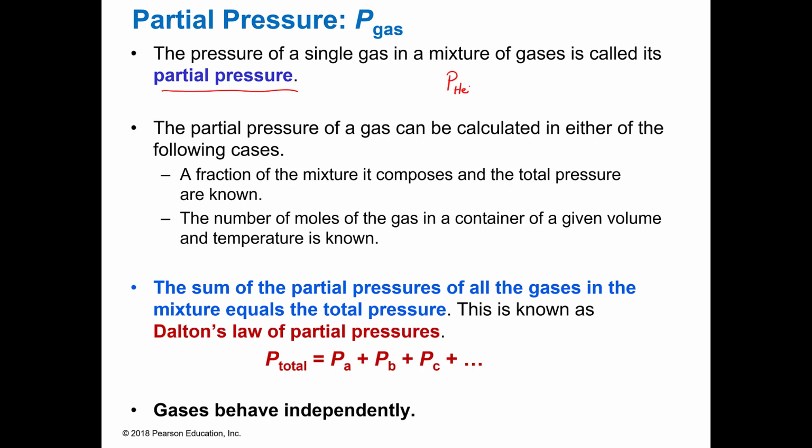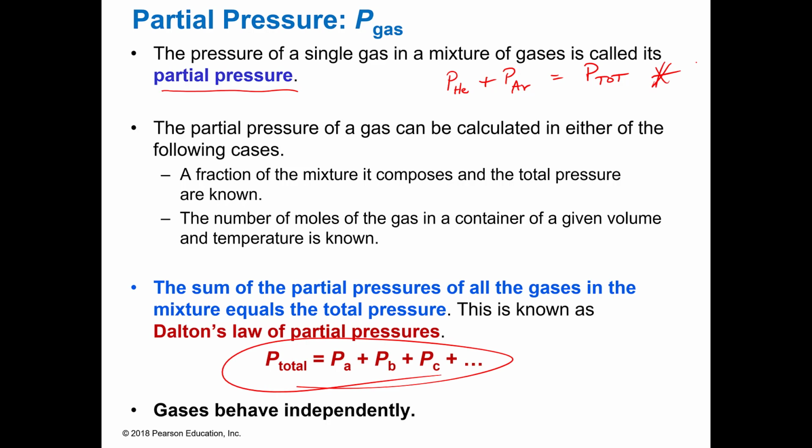So if it's helium and argon, and that's all that's in there, then by Dalton's law the partial pressure of the helium plus the partial pressure of the argon gives us the total pressure in that system. There's another way of doing it that we're going to look at in just a minute, but this is how you'll see it written.